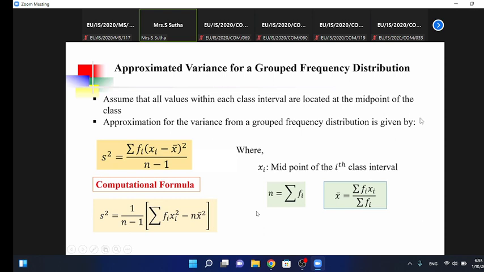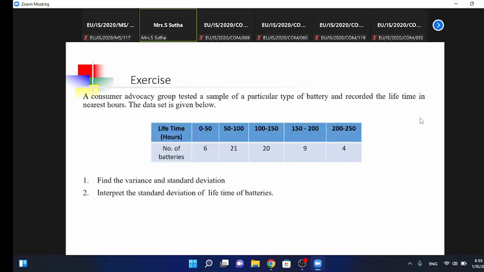Then n is equal to summation of fi, and xi is the midpoint of the ith class interval. Right. This is also an example, as we did to calculate the mean value, that we considered for the grouped frequency.